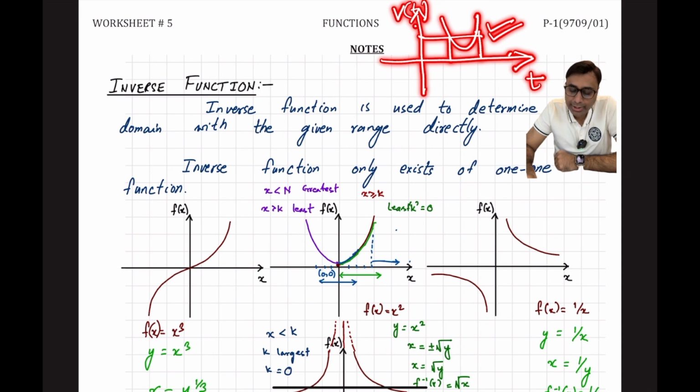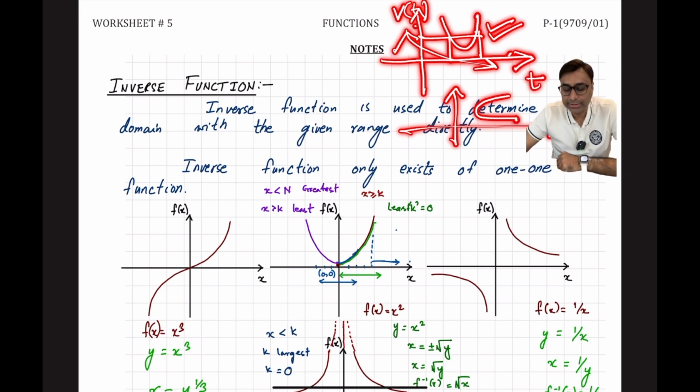But when you find inverses of these kinds of functions, you're interchanging domain and range. So if you put the variable on the y-axis on the x-axis and the variable on the x-axis on the y-axis, then such a function would transform into something like this, which will not remain a function anymore. So that means not all functions have inverse functions.